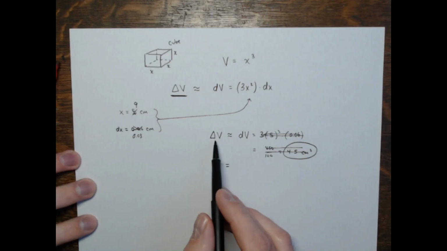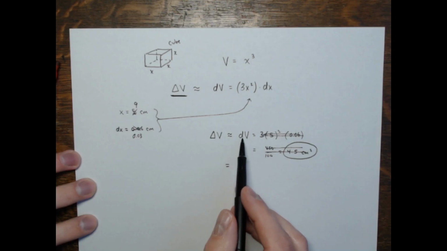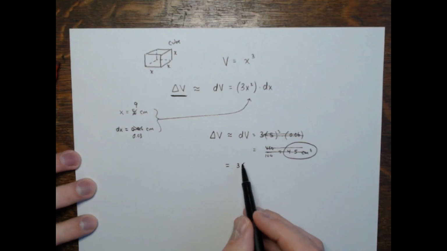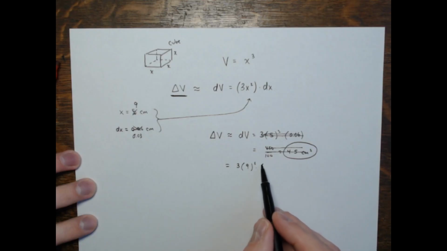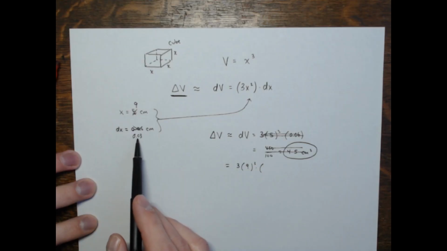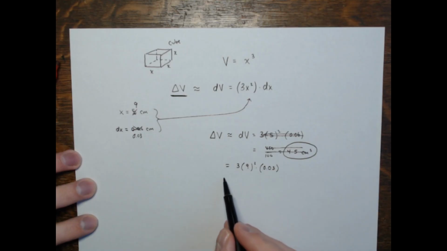So the error in our volume measurements will be approximately the differential in the volume, which will be 3 times x squared, so 3 times 9 squared, times the differential of x, the change in x, the amount we might be off in our side length measurement, the 0.03. So it's a lot of threes here.